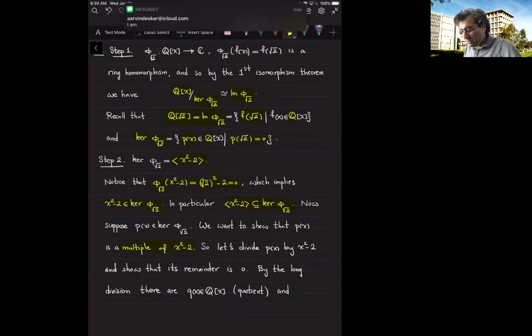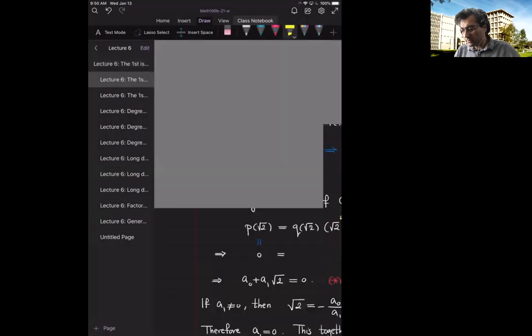So we divide p of x, this element of the kernel, by x squared minus 2, and let's assume that the remainder is some polynomial. We use long division, we have a quotient, q, and a remainder, let's call that remainder r.